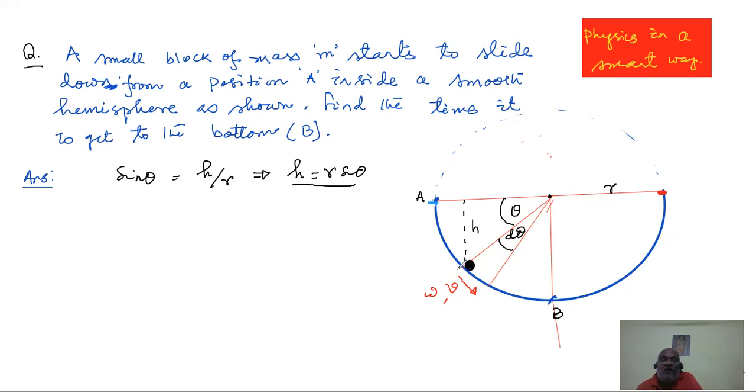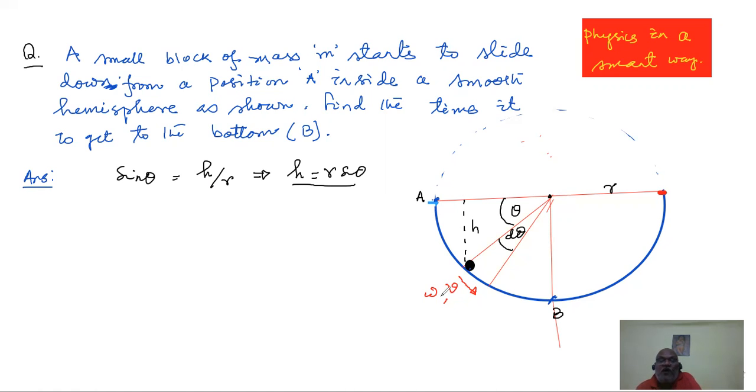Again, coming back to the diagram, as we have stated, the block has gone to an intermediate position, and as it slides down from position A, it gradually picks up speed. So we can talk either in terms of its translational speed, that is velocity or speed v, or, from the point of view of rotation, in terms of angular speed or angular velocity, that is omega.